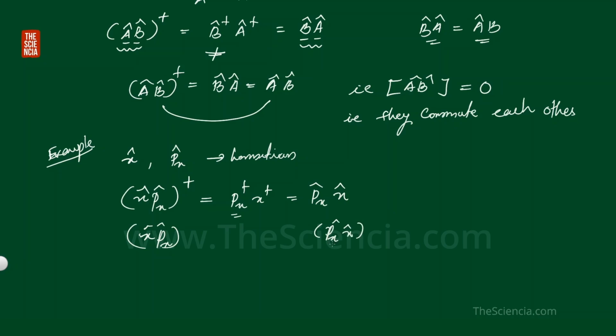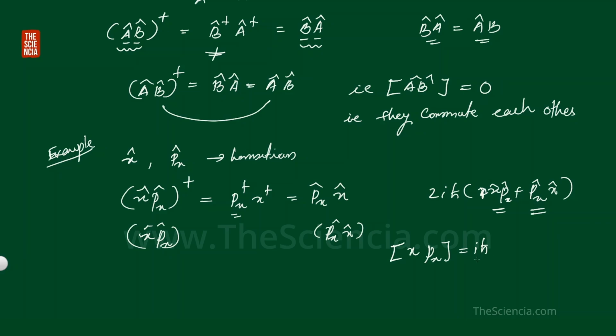Both are different. In an earlier problem, we got something like 2ih cross into xp plus px, sorry, xp plus px cap x cap. So at that time, we didn't add these two terms, right? The reason is these two are different operators. So the product is not a Hermitian operator. The reason is we know the commutator x, px is equal to ih cross.